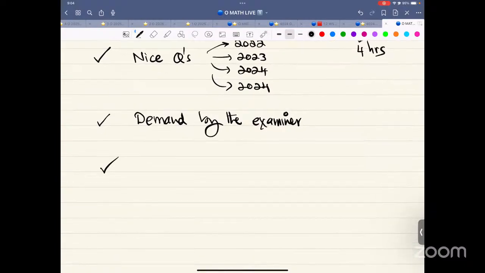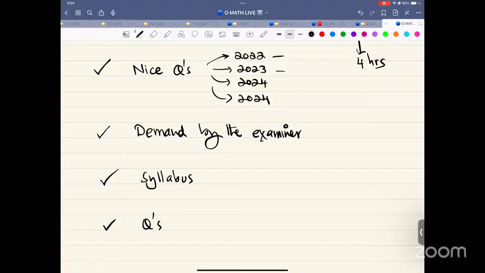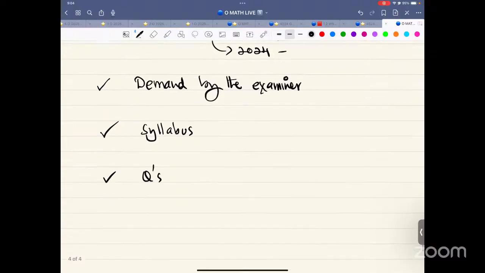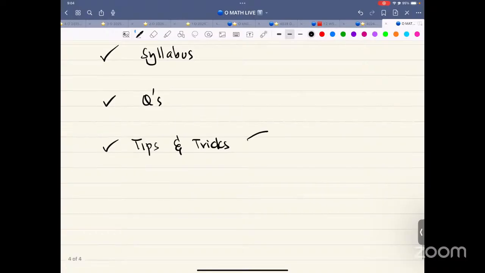We will go over the syllabus. We will go over the questions that are already focused over here from these papers. And basically, that's about it. Of course, there are tips and tricks, technically the do's and the don'ts.